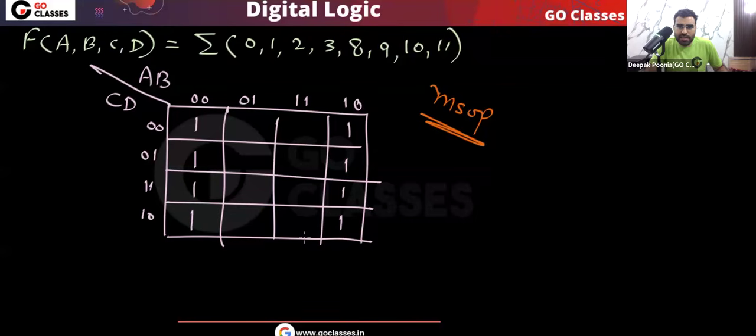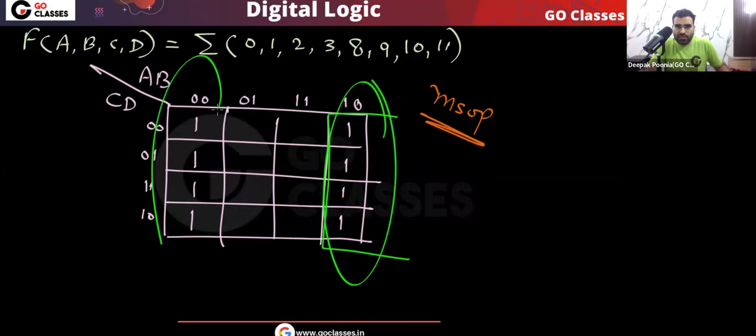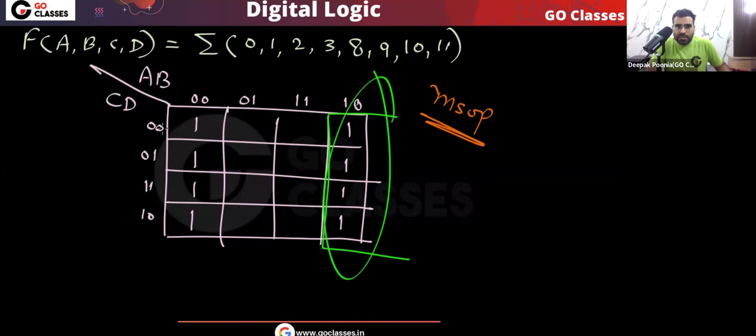Okay, here can I create 8 size cube? Yes, there is 8 size cube here. You can notice, look at this cube. Remember the K-map I can fold horizontally, vertically. So you can see this last column and this first column, they are basically neighbors. Okay, or I can say that this is basically 8 size cube.